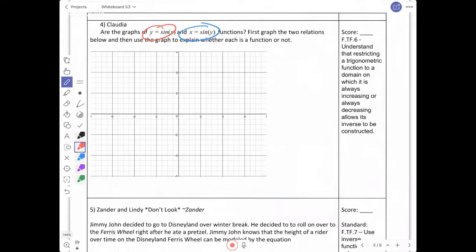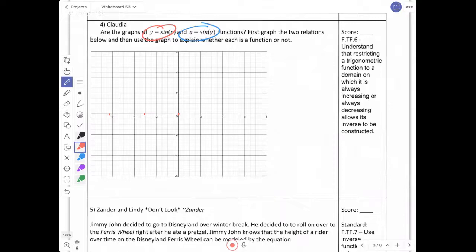So in red, y equals sine of x. I've got 0. So pi over 2 is a little bit more than 1.5.